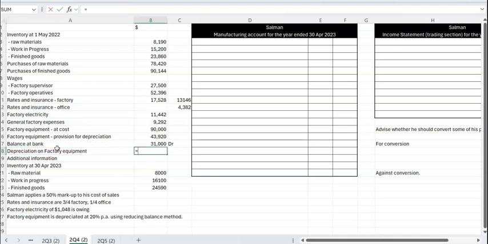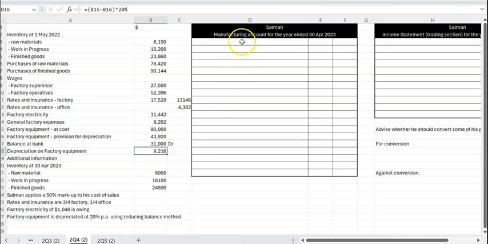And the calculation is equal to open brackets, your factory equipment, minus the provision for depreciation on the factory equipment, close brackets, times 20%. Alright, so we've added it here, and we'd also add it up to the provision for depreciation, but we're not required to do that, so we're not going to worry about it on this one.